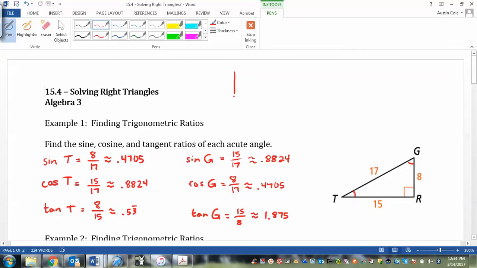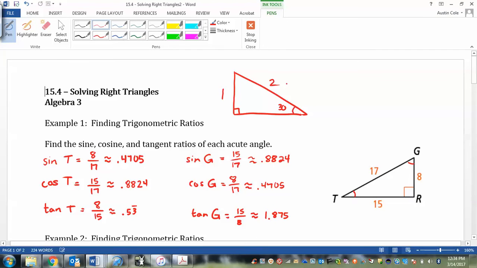Now, earlier today, we looked at a 30, 60, 90 triangle, right? And so in a 30, 60, 90 triangle, this is 30 degrees. And let's say this is 1. If my short leg there is 1, what's my hypotenuse? Double.